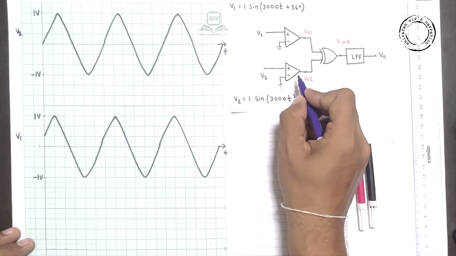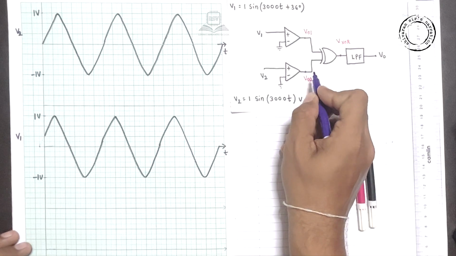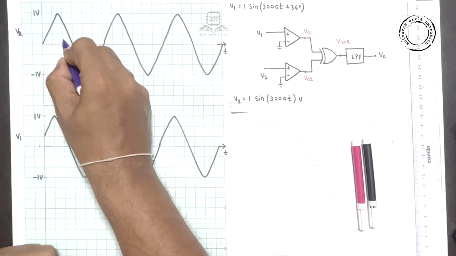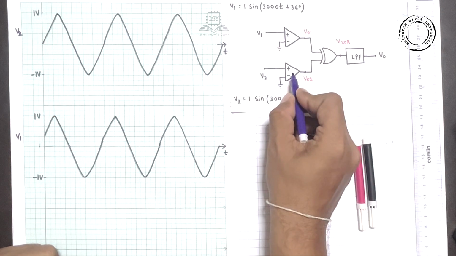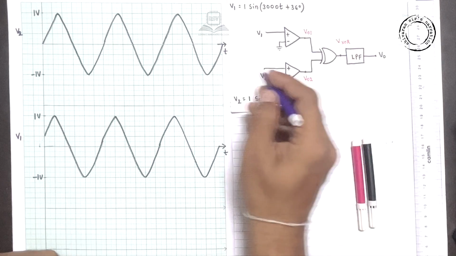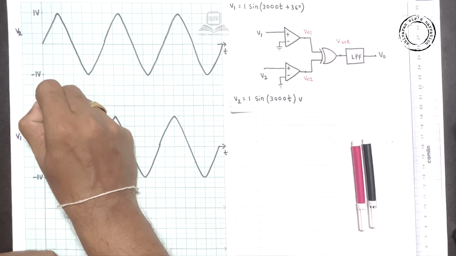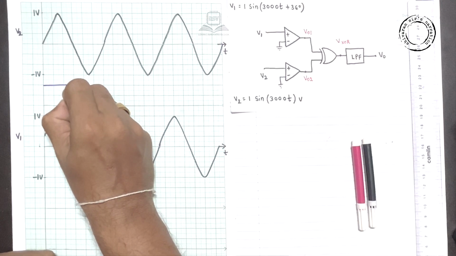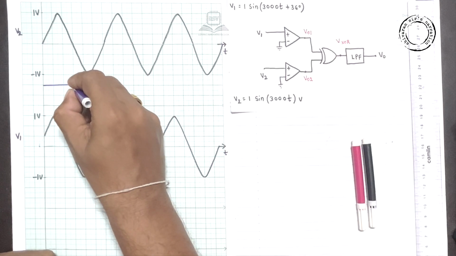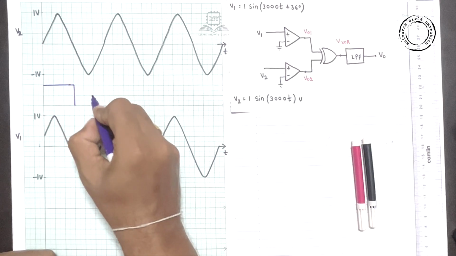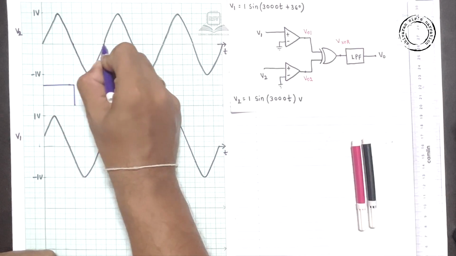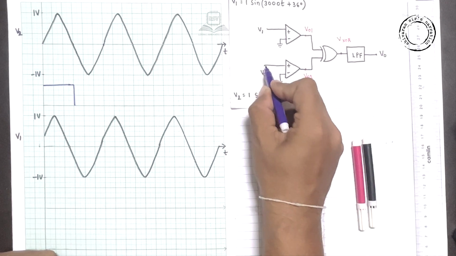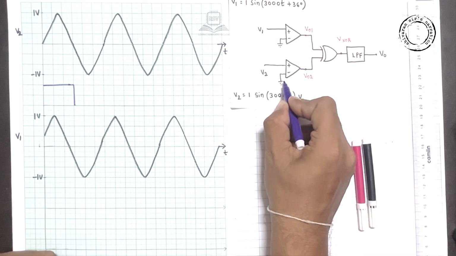As per the comparator operation, whenever V2 is positive, the non-inverting terminal voltage is higher. Therefore, in that case, we will get the max voltage during the positive half cycle. Similarly, during the negative half cycle, the non-inverting terminal has lesser voltage than the inverting terminal.